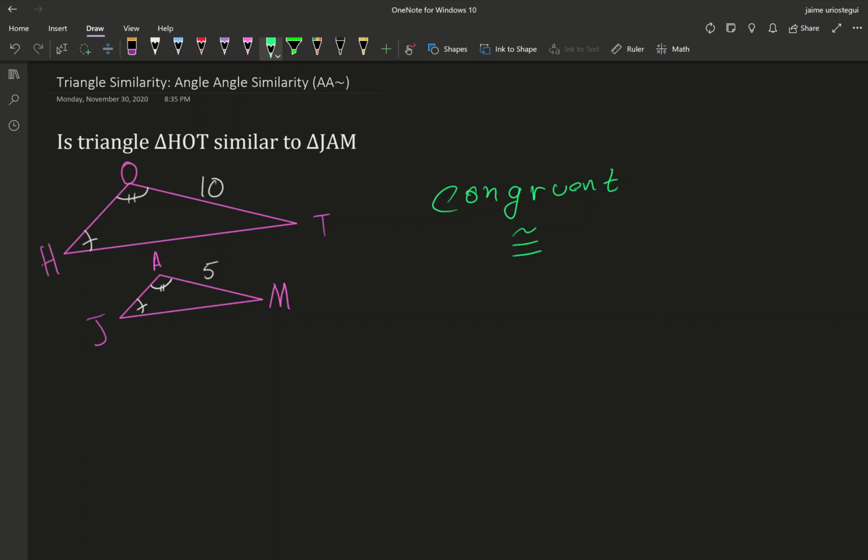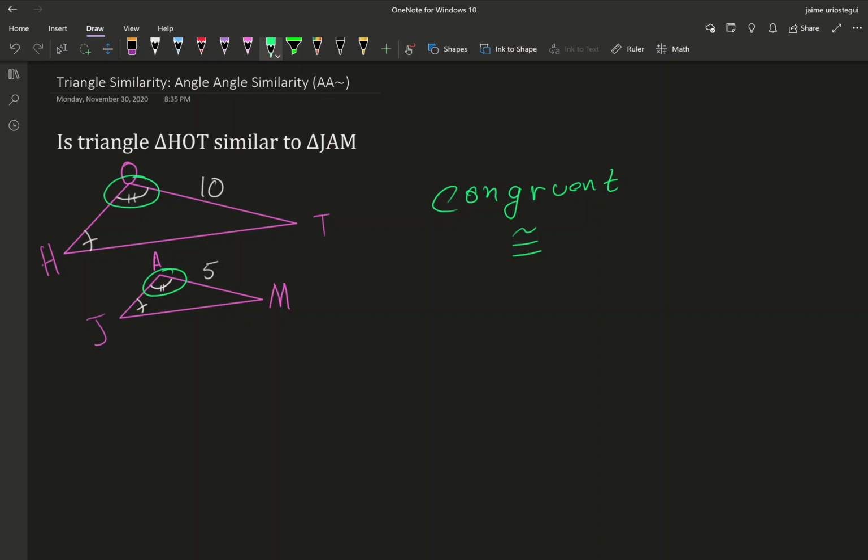So here I can look at this angle here, O, is the same as this angle A. If you guys remember our angle relationships that we were looking at last week, you remember these symbols, so you know that those two angles are similar, or actually, congruent.